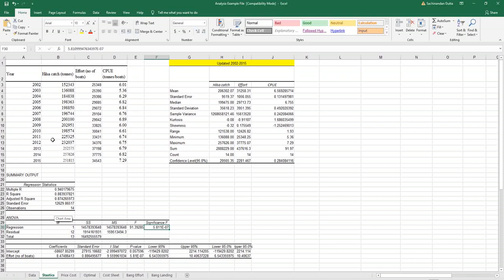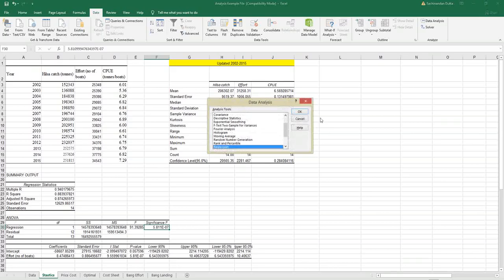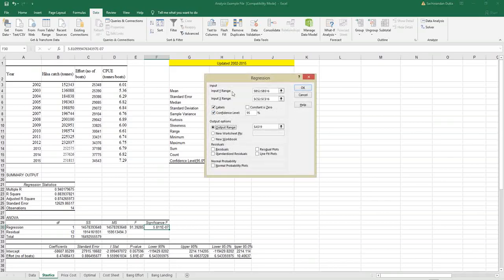So you go to Data, Data Analysis, then Regression, and you set your y-axis, that is the prediction. So we want to predict the catch if we know the effort. Okay, so this many boats are operating in the whole fishery. Then what will be the catch of this particular fishery next year? We can predict it. So that is the regression model.